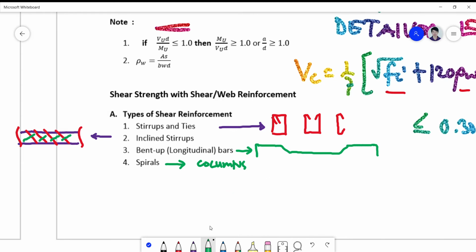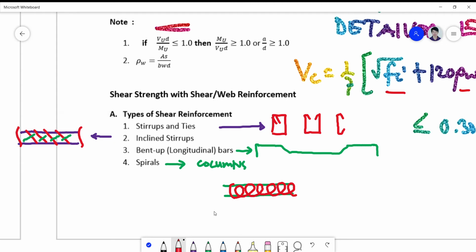We can consider the longitudinal reinforcement, and then somewhere here is the spiral placed around the longitudinal axis of your reinforcement.